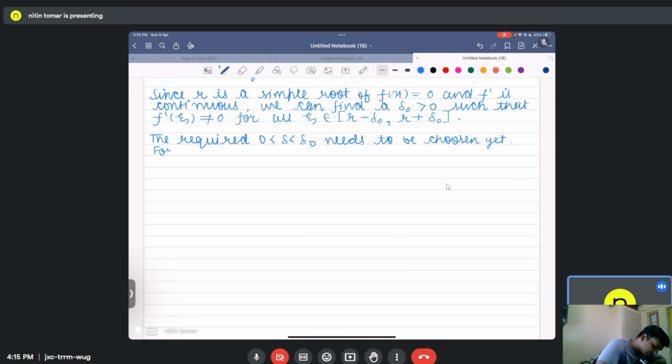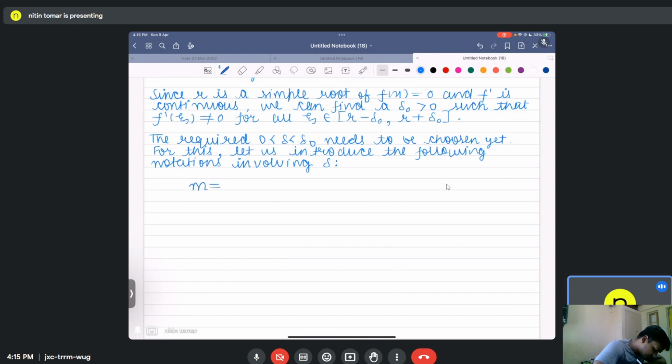So for this purpose, let us introduce the following notations involving delta.